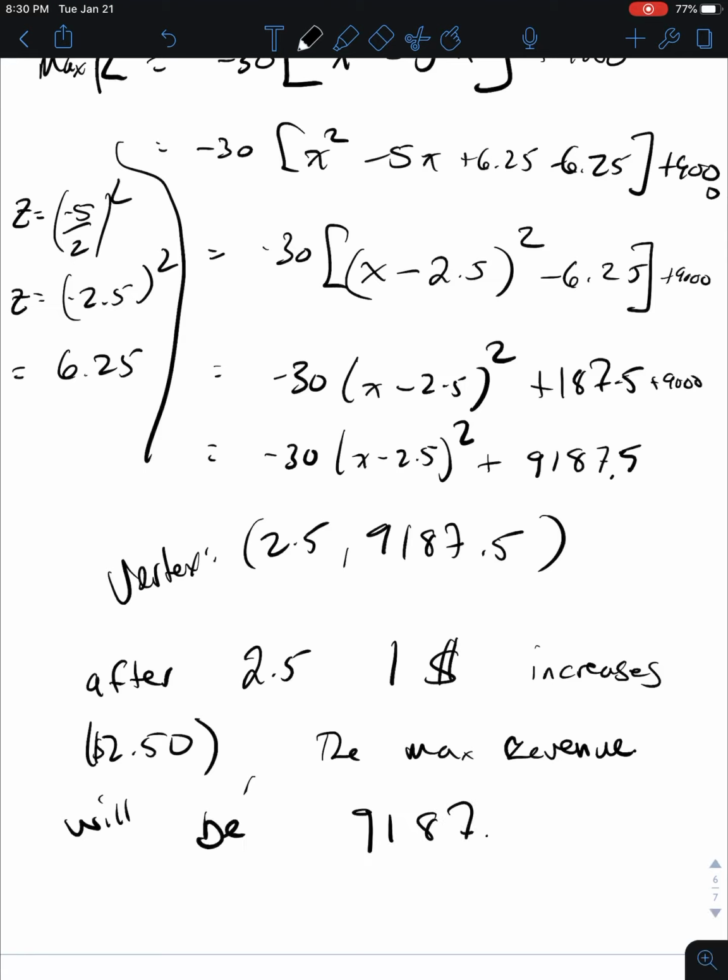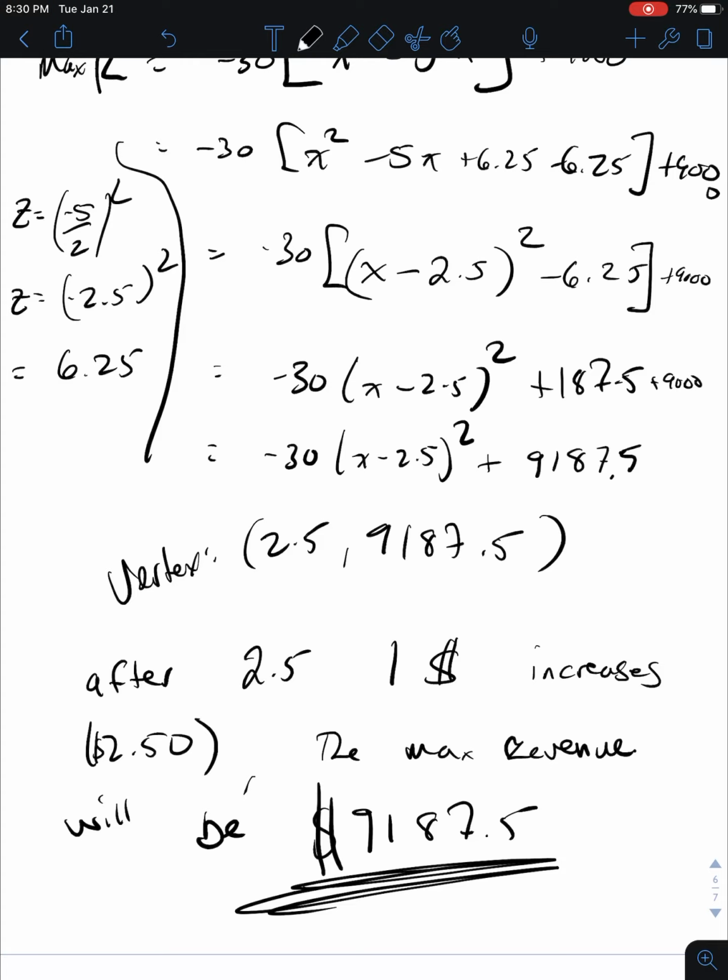So the vertex, since it's a parabola, in vertex form is 2.5 and 9,187.5.